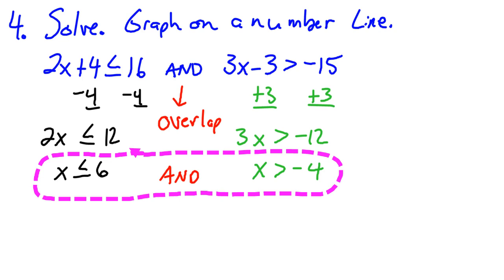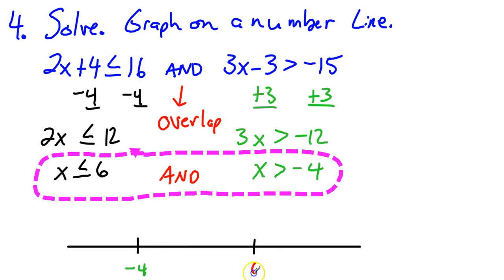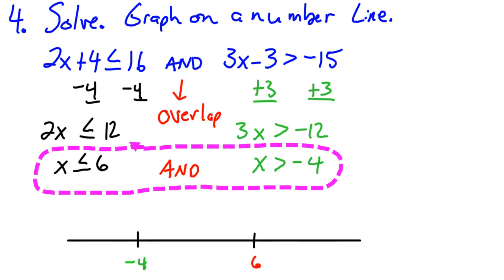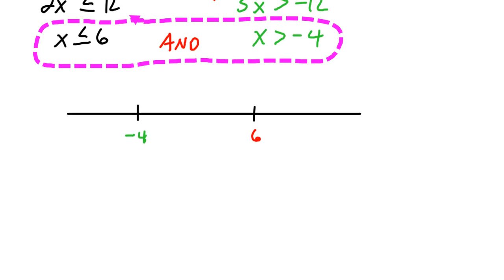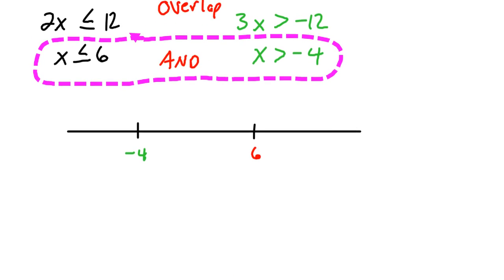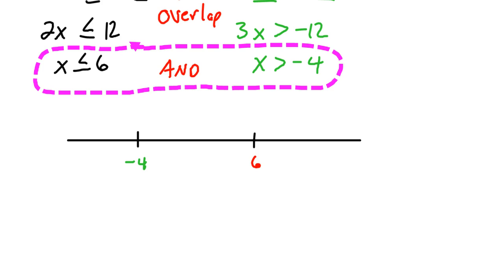Okay, now to graph it. That's where you're going to need the two values that you have, in this case the -4 and the 6. Okay, and we're looking for the overlap on this one.